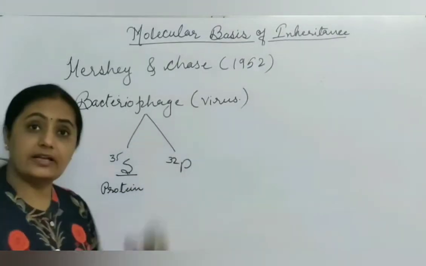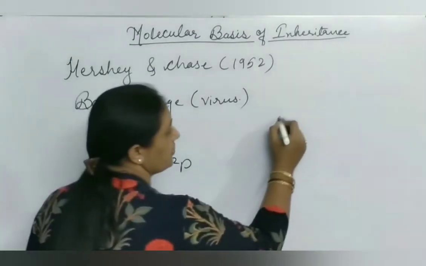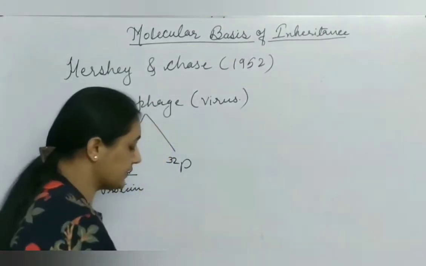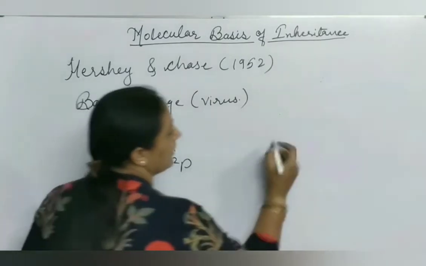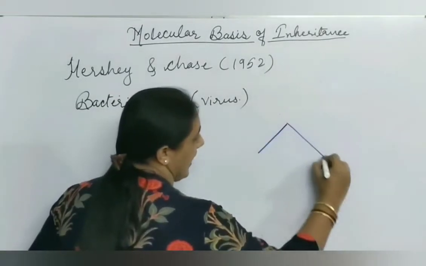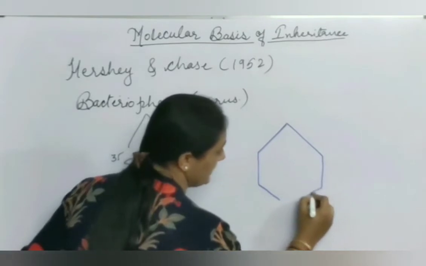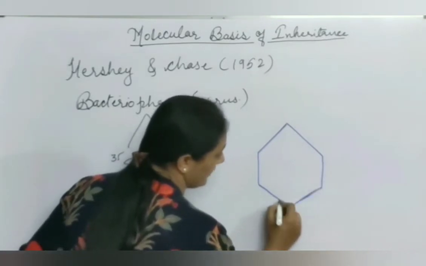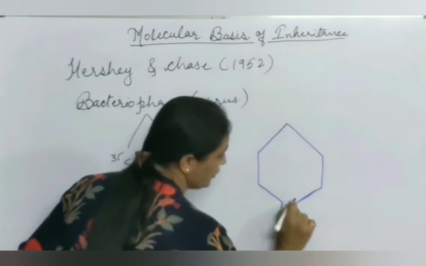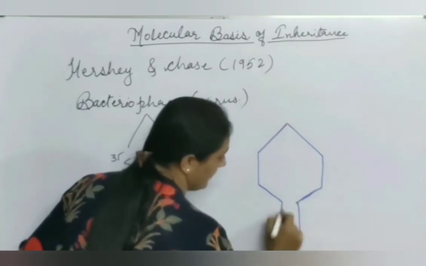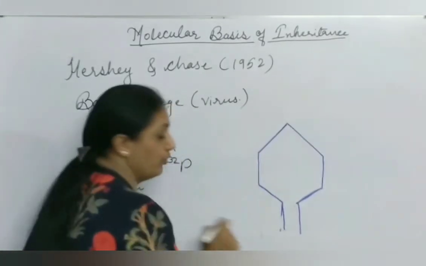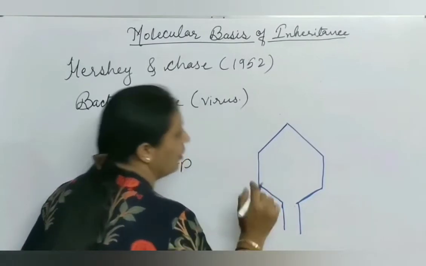So, what is the structure of a virus? A virus is like this. It has a hexagonal protein shell. This shell is made up of protein, a proteinaceous shell. This is the structure of the virus bacteriophage.